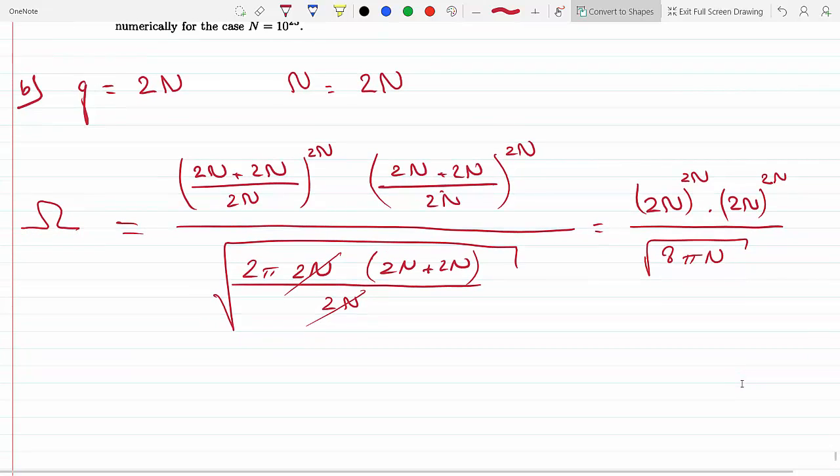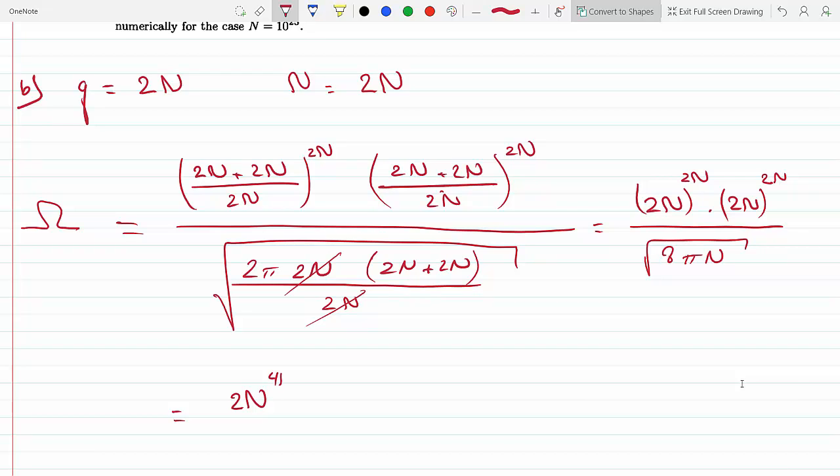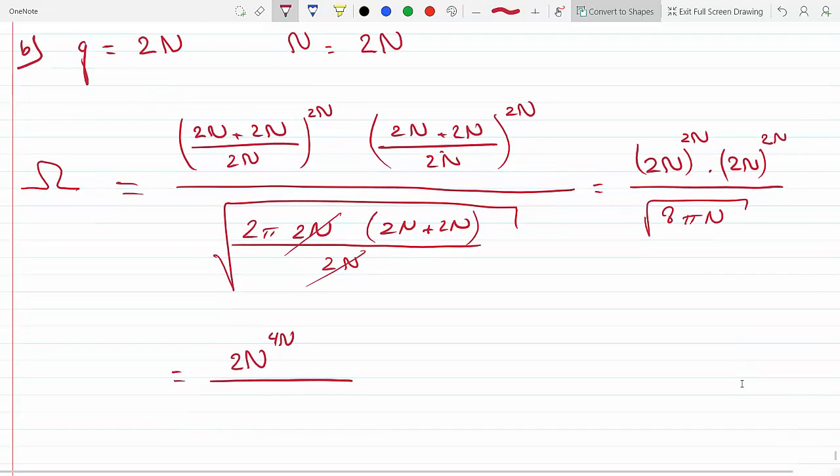And here we're gonna get 2 to the 2n times 2 to the 2n, which will be 2 to the 4n, divided by 8 pi n.